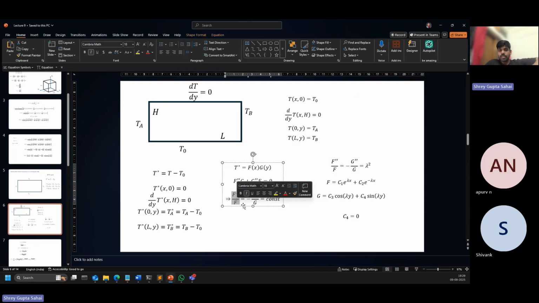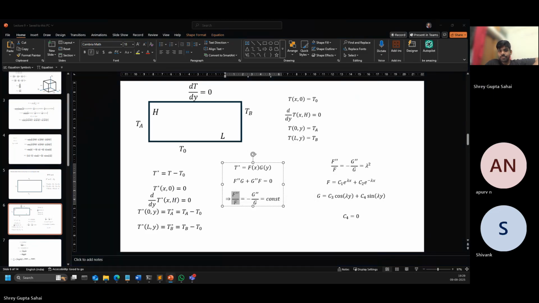What kind of solutions are you expecting? When is f double dash by f a constant? Or g double dash by g is a constant.